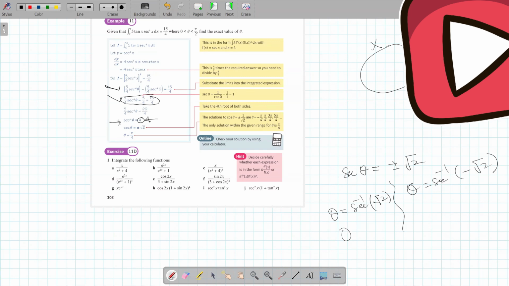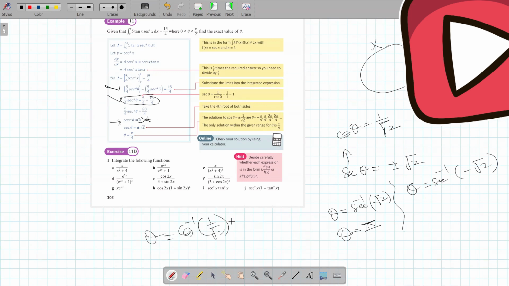Oh wait, my calculator doesn't have sec inverse. Then you can write cos theta equals 1 over square root 2 and take cos inverse of 1 over square root 2.